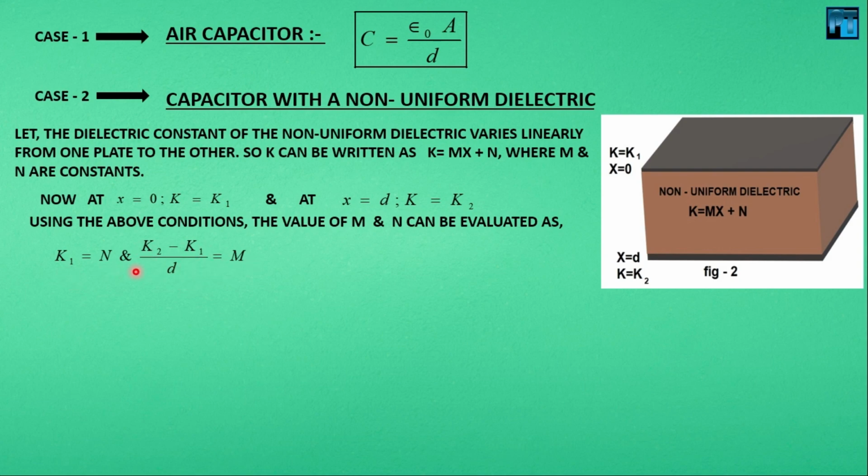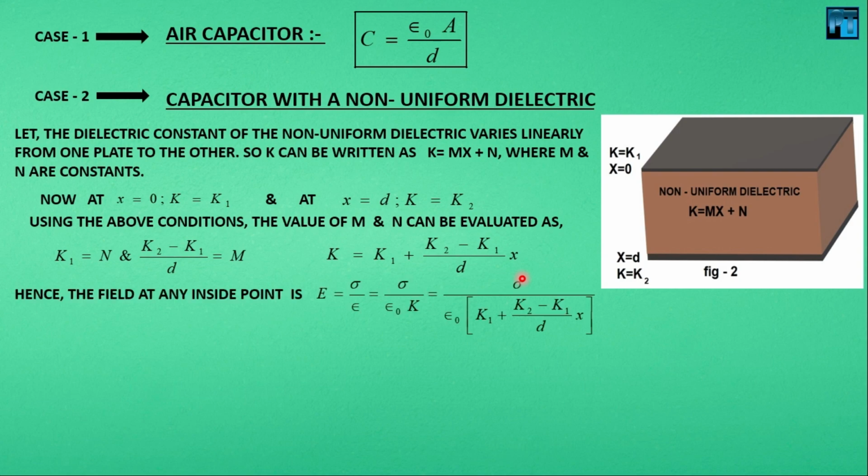So we can put these two in here, and K becomes this one. Now the field at any inside point can be written as E equals sigma by epsilon, where epsilon is epsilon naught into capital K, and this K can be written from here. So epsilon becomes this.